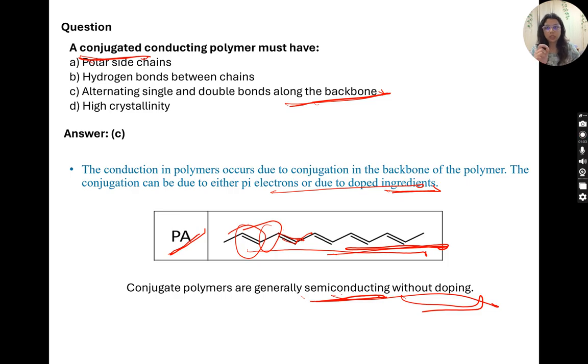The main point is conjugation, like double bond, single bond, double bond, single bond. This type of conjugation helps in increasing electrical conductivity more than thermal. And the terms semiconducting and so on are related to electrical conductivity, not thermal conductivity. That's true.